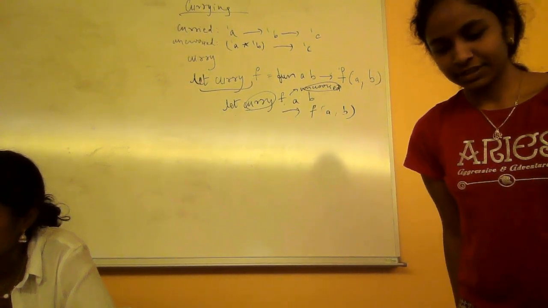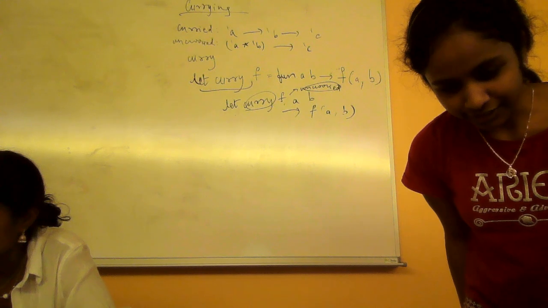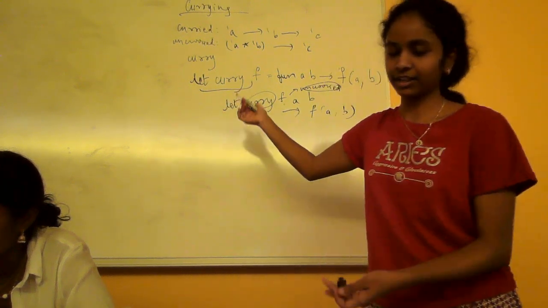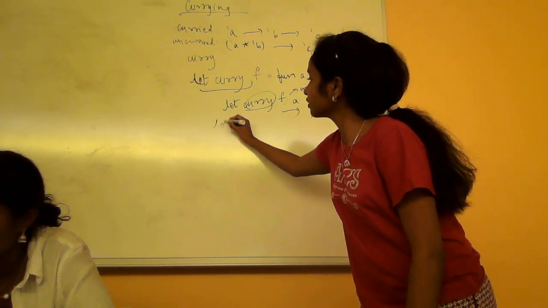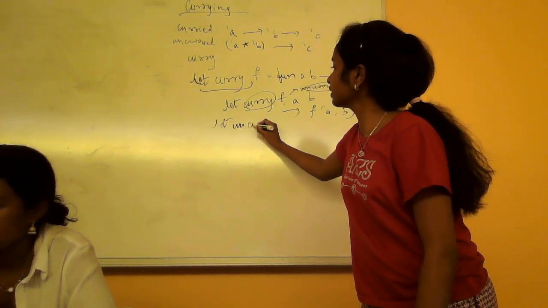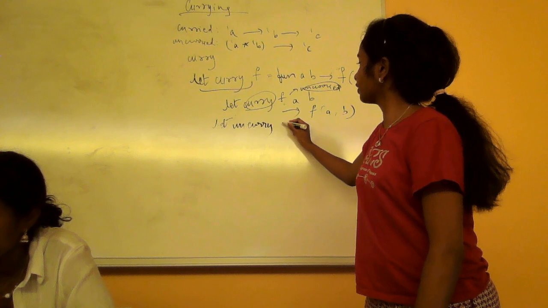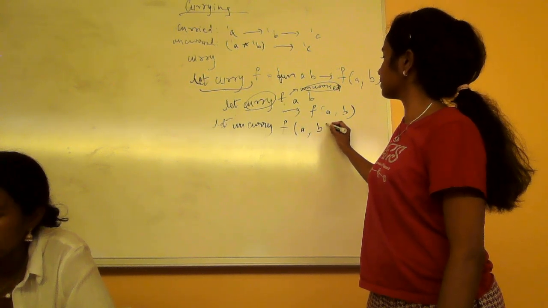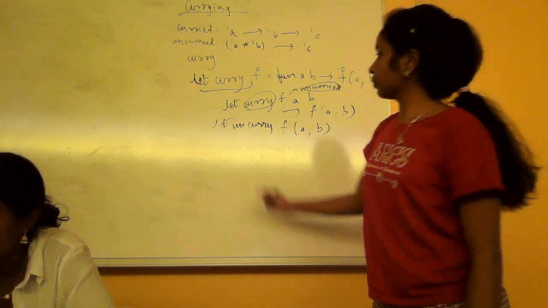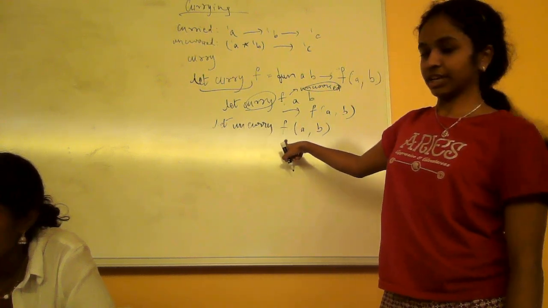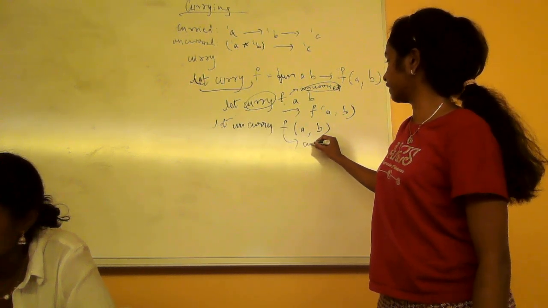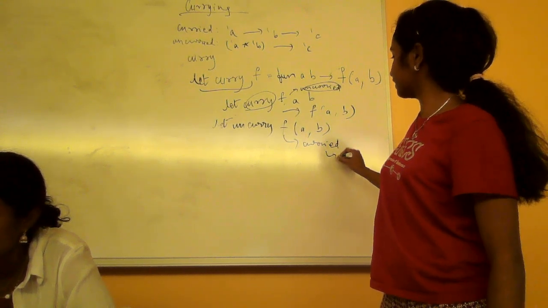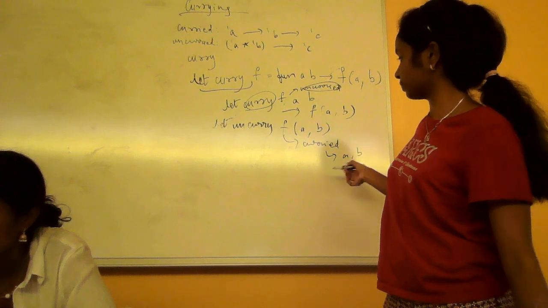So since we understood that, the next thing is that there's another function exactly like this. It's called uncurry. So when you uncurry a function f, you apply it to a tuple of two arguments a, b. So we are uncurrying a function f, which means that this is a curried function, and that means that it takes both a and b as two separate arguments.